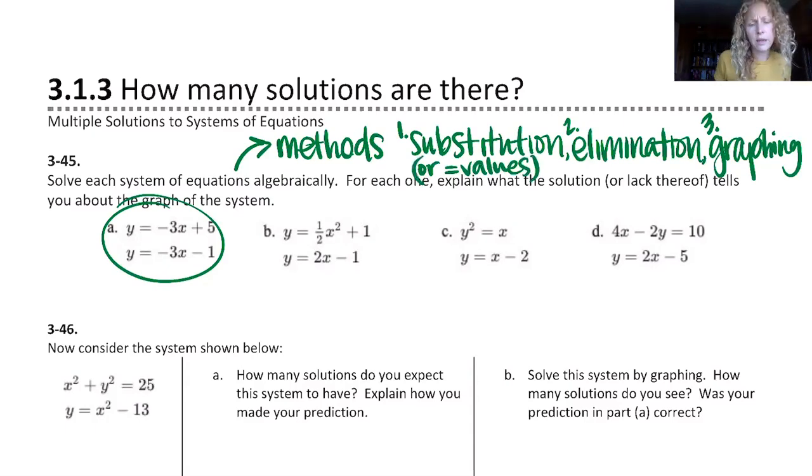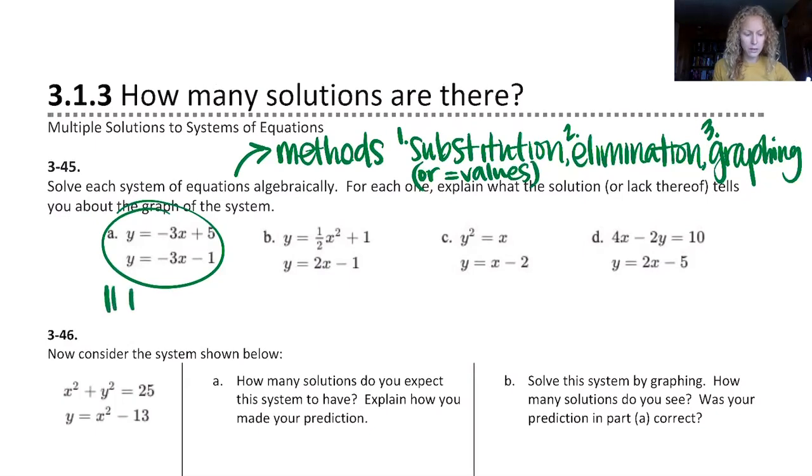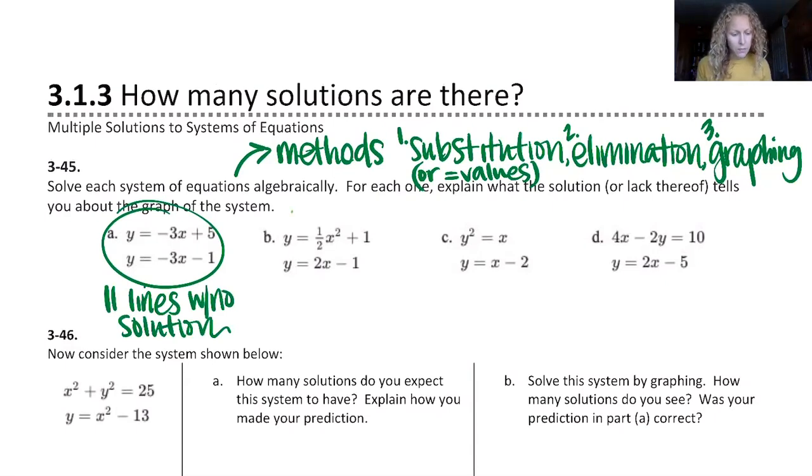Actually, I don't think I would do any of that on the first one because they're 2 lines and you can tell the slopes are the same, but they have different y-intercepts. So these are parallel lines with no solution. That's kind of easy just to look at and see. The second one, you have a quadratic equal to a line.